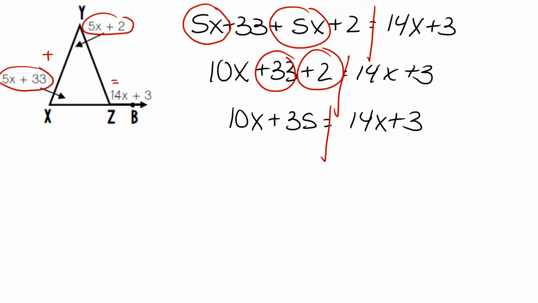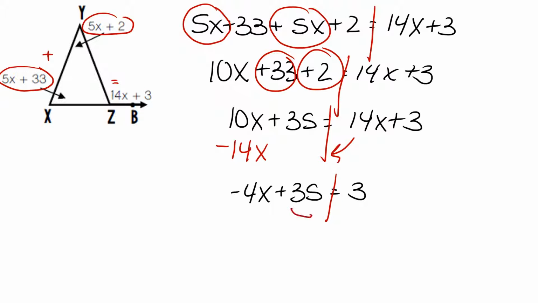Our next pair of like terms, 10x and 14x, are on opposite sides, so we do the opposite operation. Instead of 14x, we do the opposite. We do a minus 14x. 10 minus 14 is going to give us a negative 4. Bring down the 35 and the equals 3.